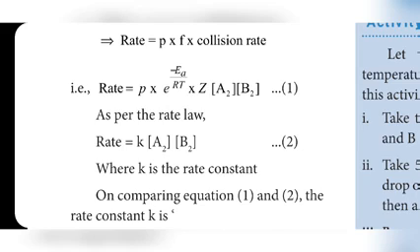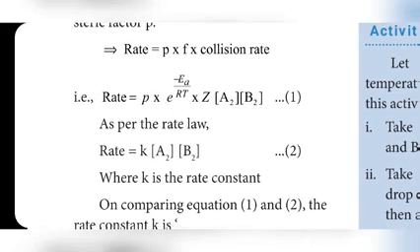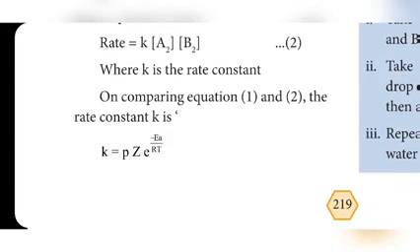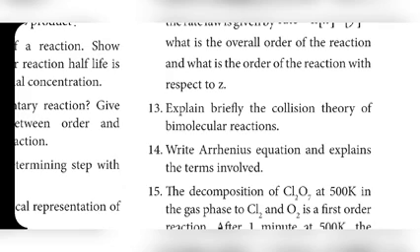If this orientation factor is introduced, we get a new formula: rate is equal to P into e power minus Ea by RT, with the orientation factor and collision factor introduced. If we compare with the old rate equation, we will get one more equation, that is the final formula.